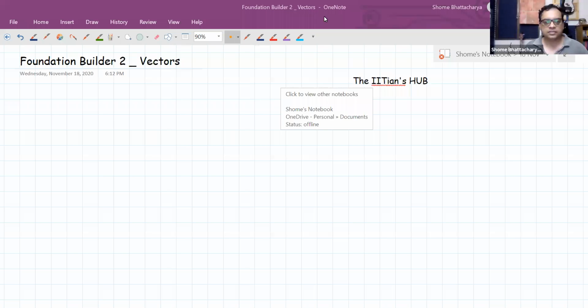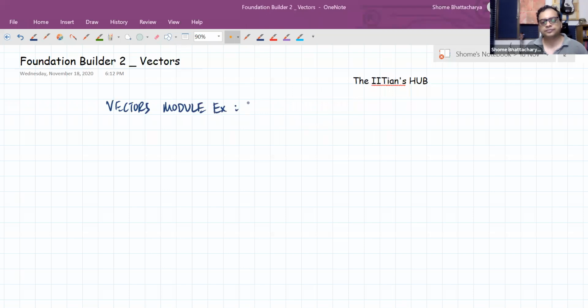Question number 9 and 13. So I'll just put that up on the board, and you can go through those questions, all of you first, then we'll discuss them. Vectors module exercises, doubts. We'll start with exercise 1. So far the questions I've received are 9, 13 and 21. So let's start with question number 9.